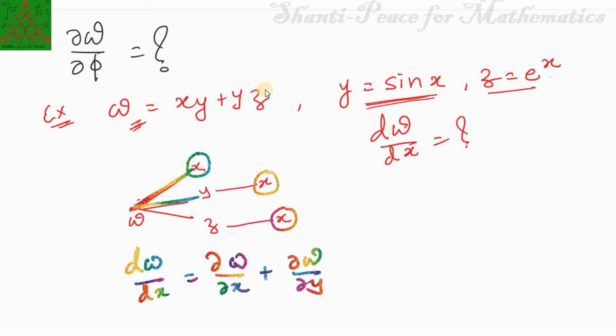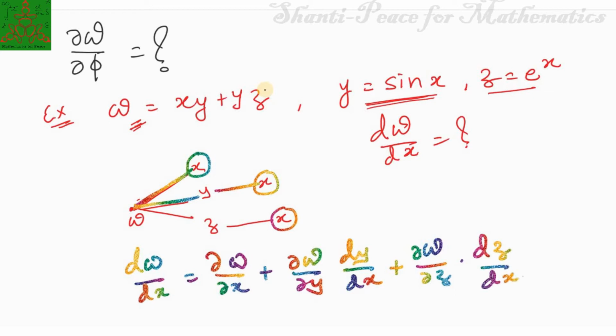Here w is a function of 3 variables, that's why it is a partial derivative, and on this path y is only a function of x, that's why it is dy by dx, plus del w upon del z into dz by dx in the similar manner.